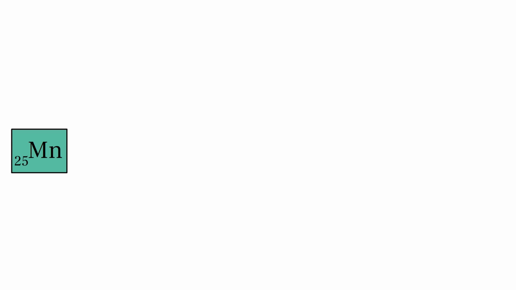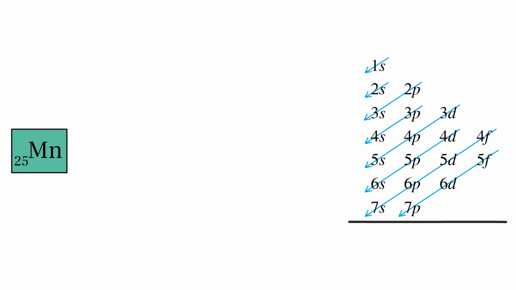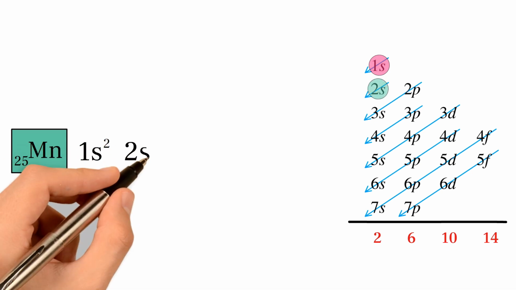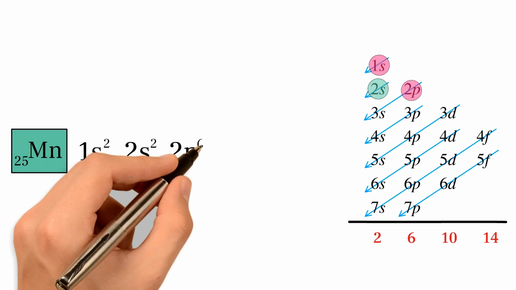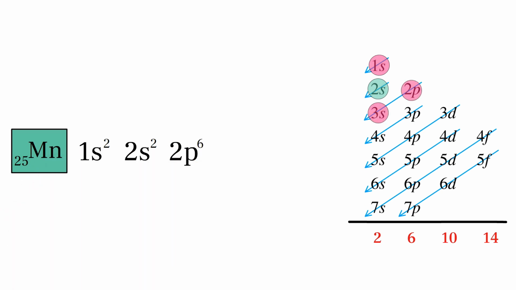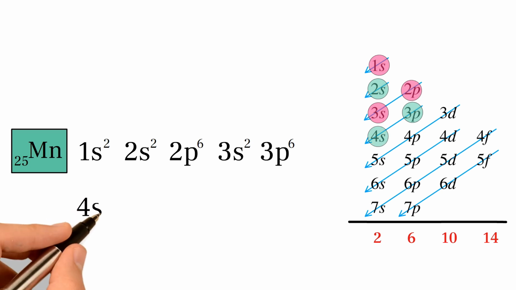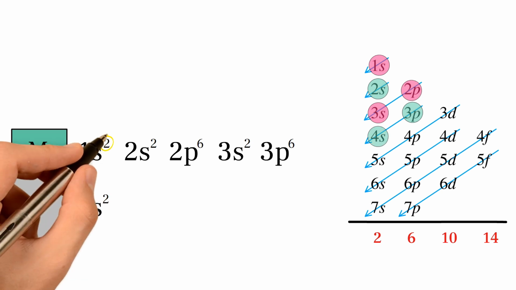Manganese has an atomic number of 25, so its electron configuration is 1s2, 2s2, 2p6, 3s2, 3p6, 4s2.